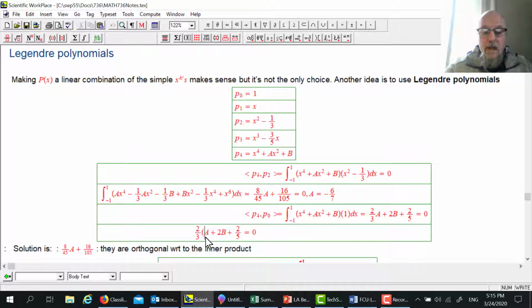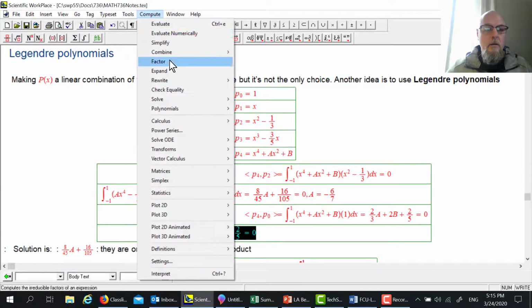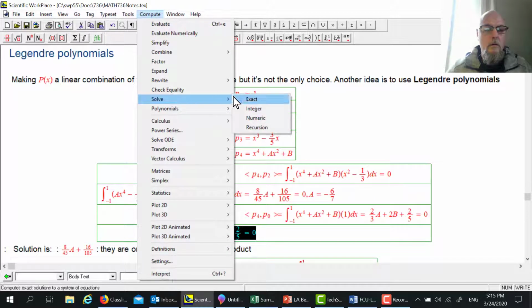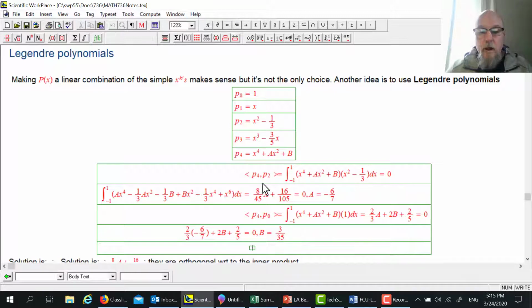I know that a is supposed to be -6/7. So now I can solve this for b. So if we did everything right, this is what P4 should be.